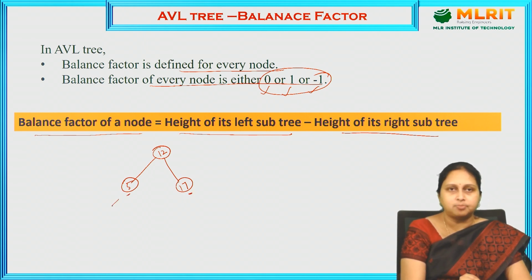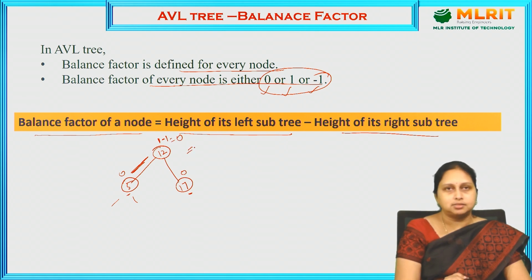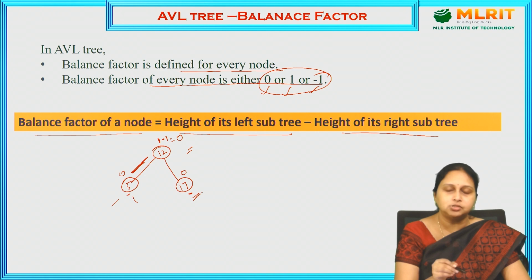Height of left and right subtree we don't have, that's why its value is 0. And for 17, height of left and right subtree is 0. Because of that, 0 minus 0 is 0. And for the root node, the height of the left subtree is 1, since you have one node here, so 1 minus the height of the right subtree, which is also 1, 1 minus 1 is 0. It has a balance factor of 0, so we can consider this tree a balanced tree.